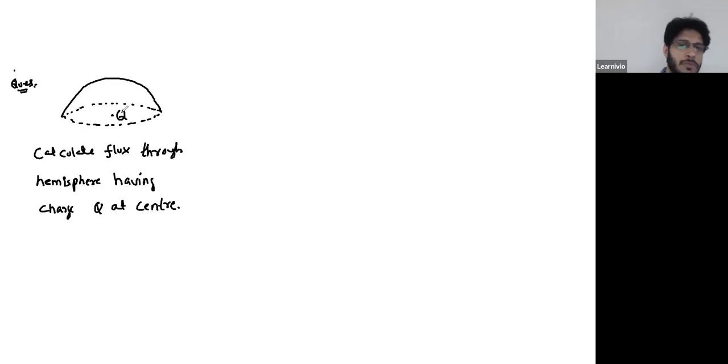Try solving this problem. You can't even use Gauss law directly for a hemisphere. You have to do some construction. Solve this and report your answer in chat.